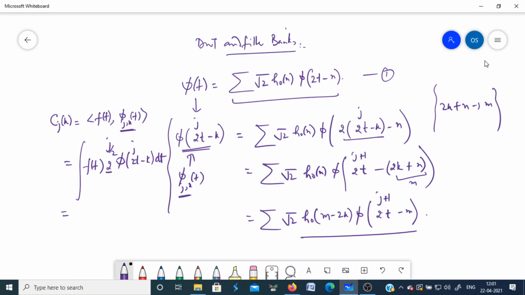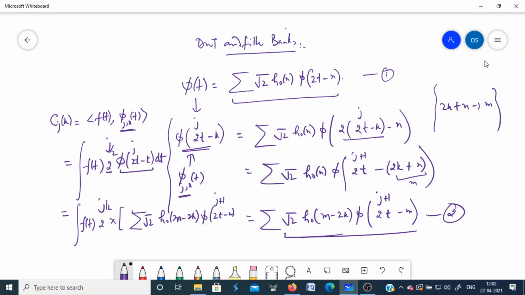Now if I use this equation and put it into this, what will you get? You will get the integral of f(t) 2^(j/2) multiplied with the summation of root 2 h0(m minus 2k) phi(2^(j+1) t minus m) dt.